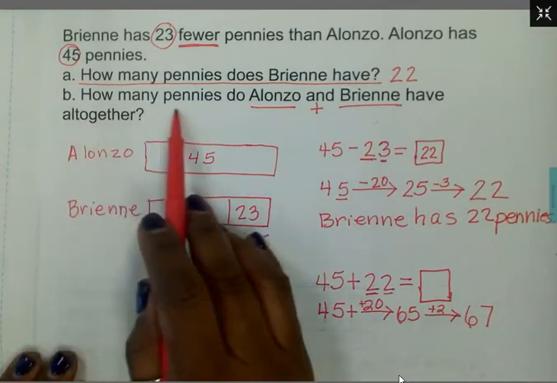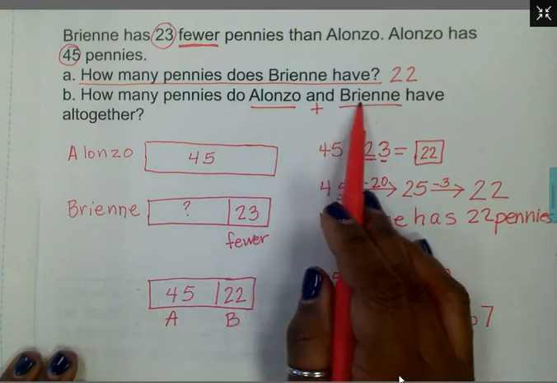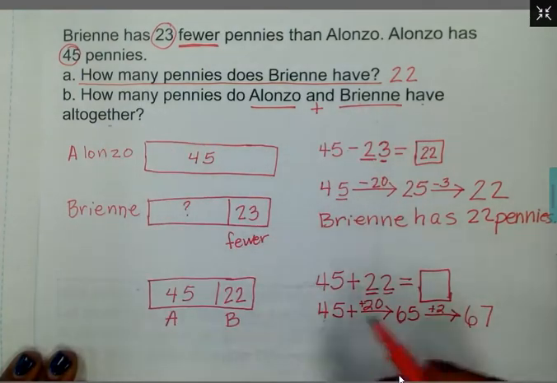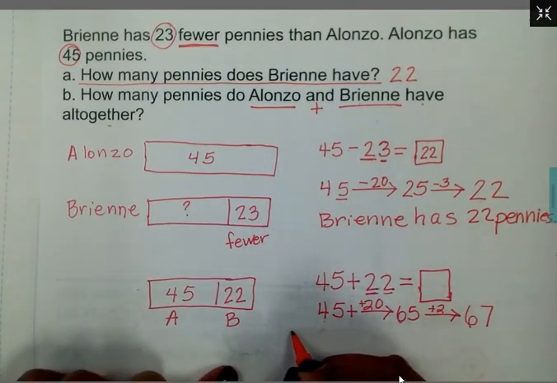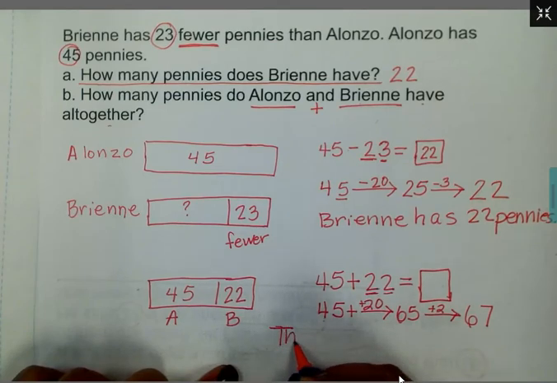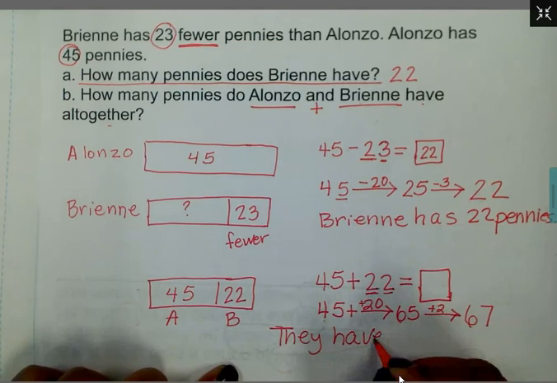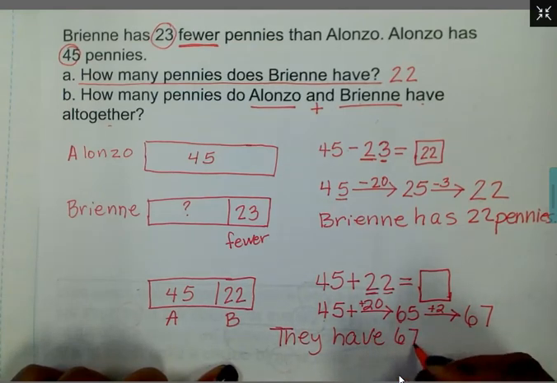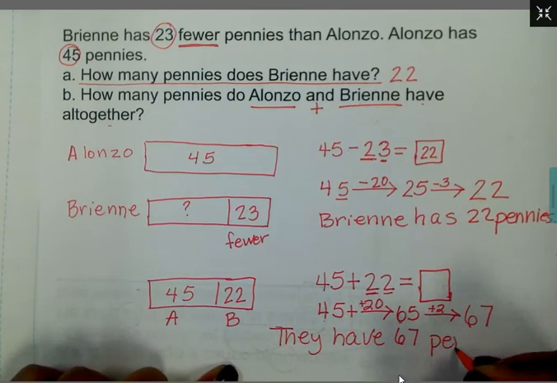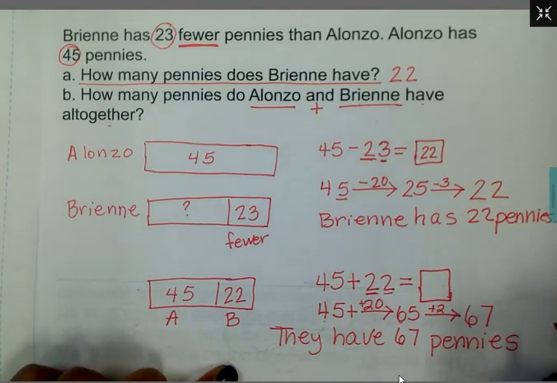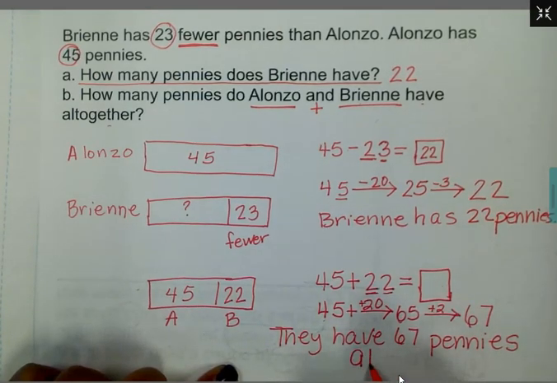Part B, how many pennies do Alonzo and Brienne have altogether? They have 67 pennies altogether.